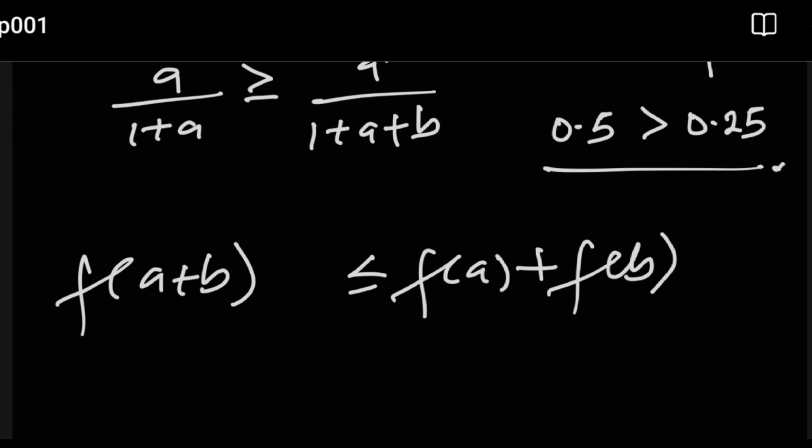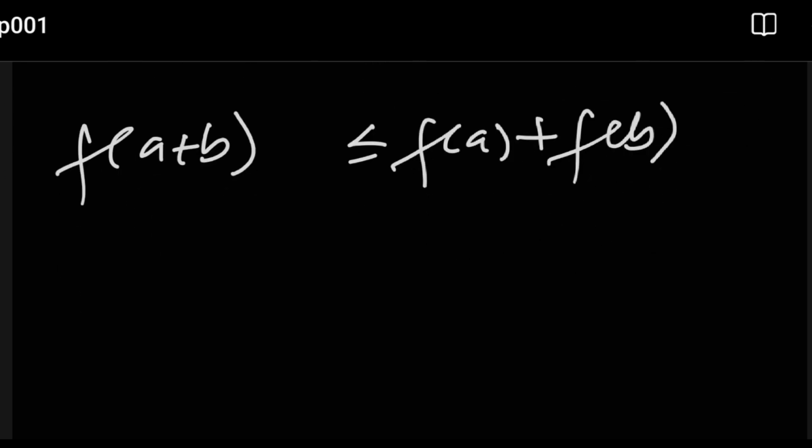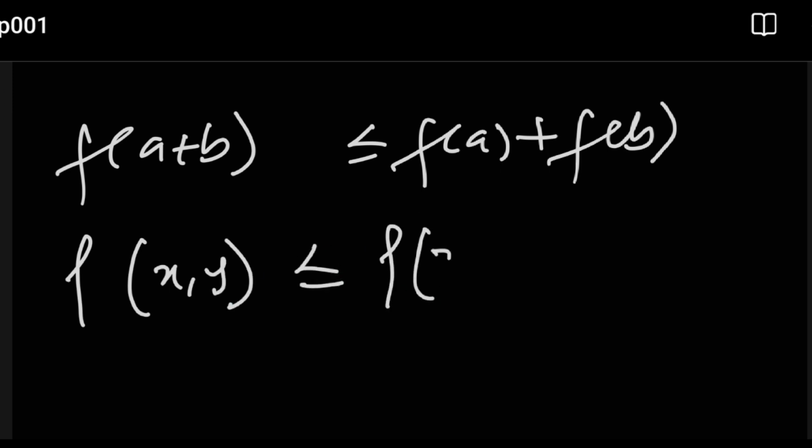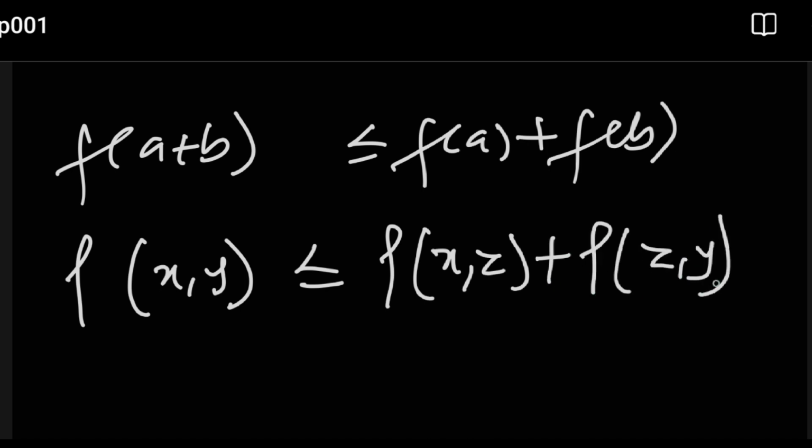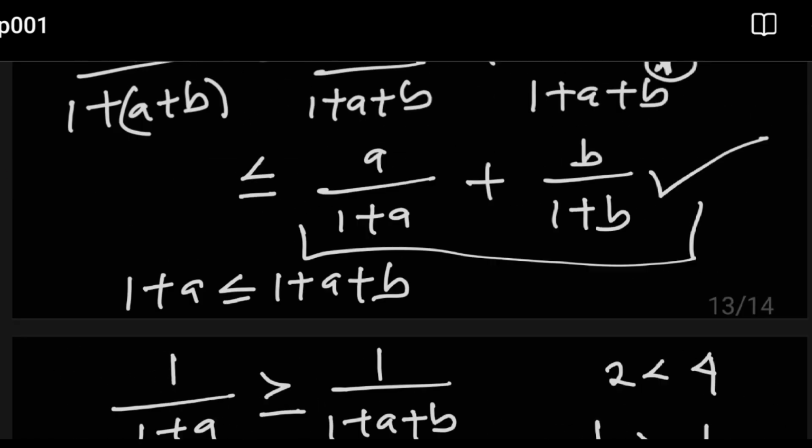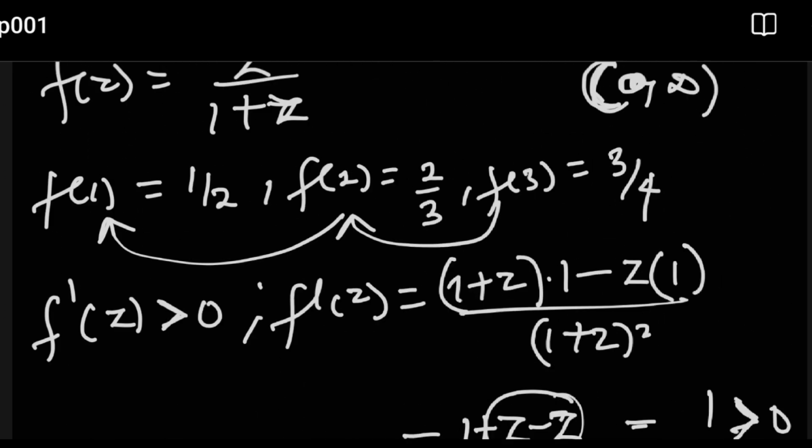So this implies that our rho of xy is less or equal to rho of xz plus rho of zy, right? Because a plus b is what?